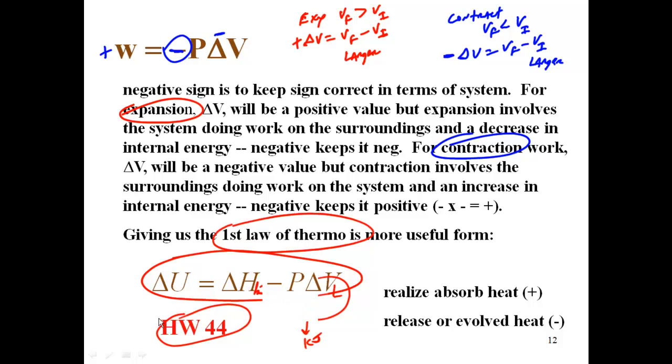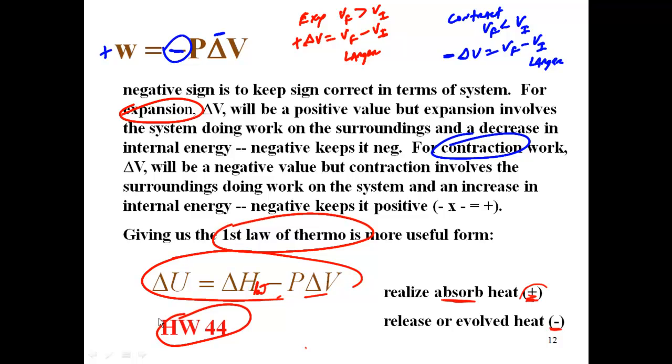Now typically in the homework I give you that conversion factor so you can do it. The other thing is you've got to realize the signs. If we say that the amount of heat is absorbed, then you've got to put a positive value when you plug it into your equation. If we say the amount of heat is released or evolved, then you've got to put a negative sign into your equation.